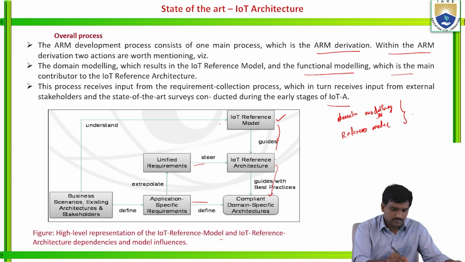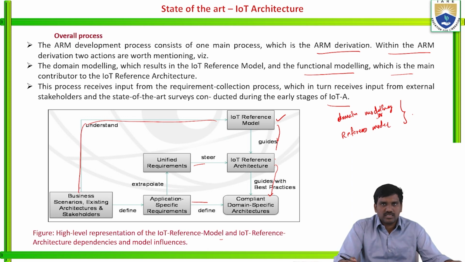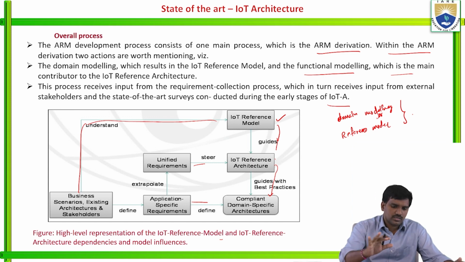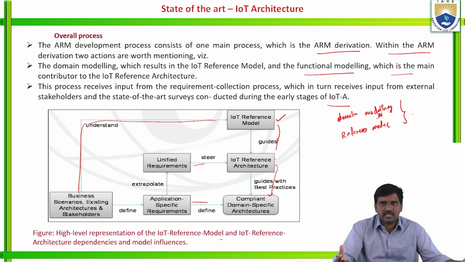So it is the process from business scenarios, existing architectures and stakeholders to the IoT reference model. This is the overall high-level representation of the IoT reference model and IoT reference architecture dependencies and model influences.